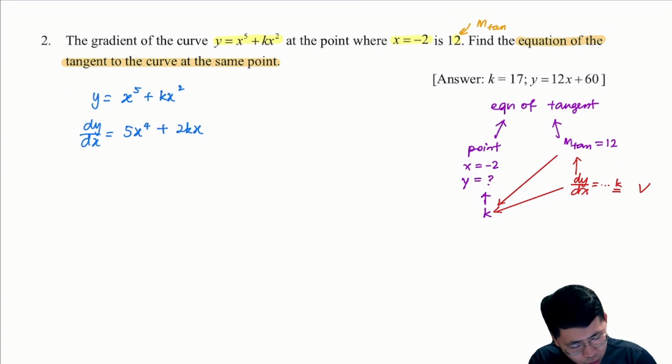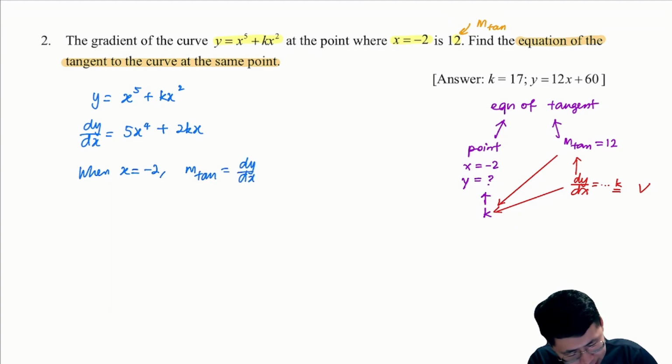So when x equals to negative 2, dy dx, the gradient of tangent, is equals to 12. So this expression, 5x power 4 plus 2kx, is equals to 12.